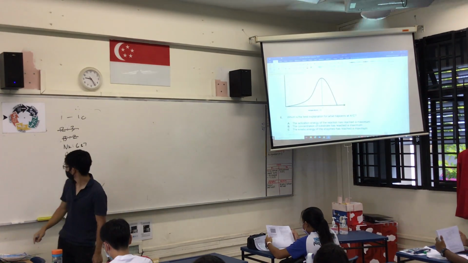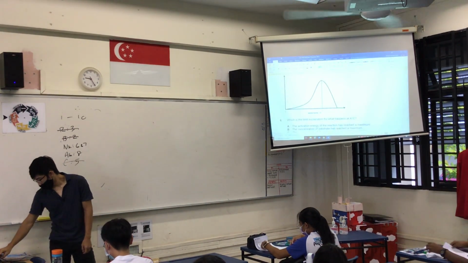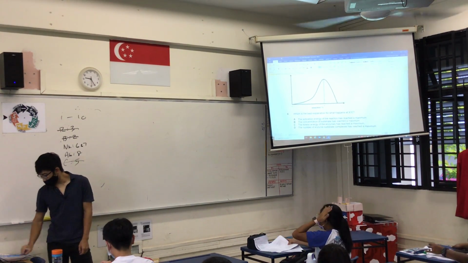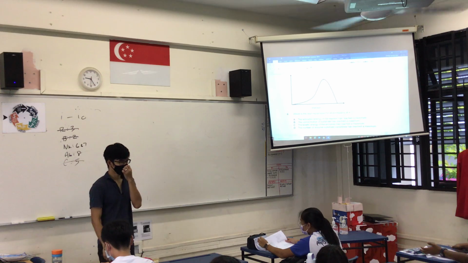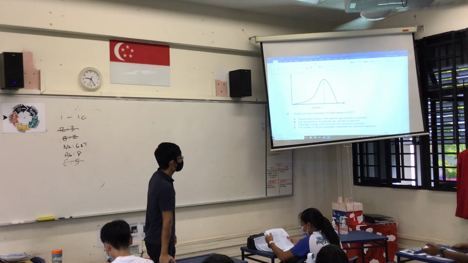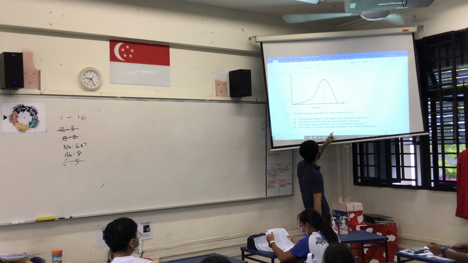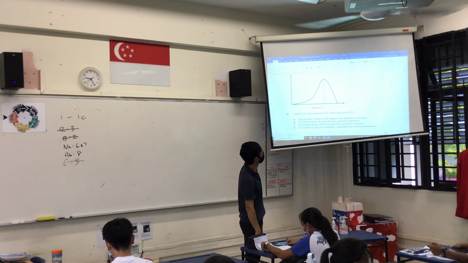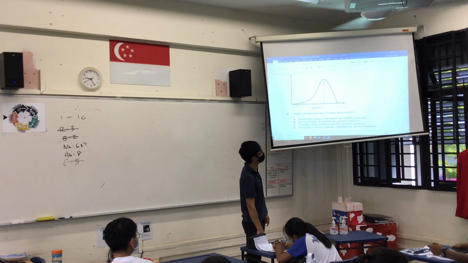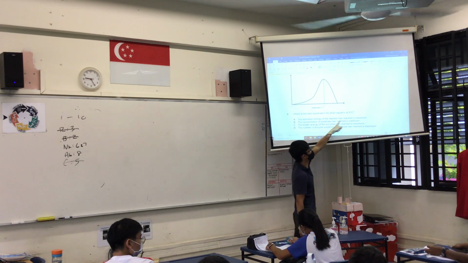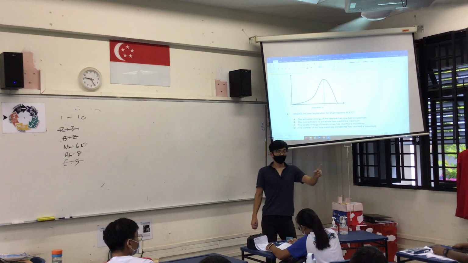Question 6 and 7. Which is the best explanation for what happens at X? Nikita, what do you choose? D, is it? The number of enzyme substrate complexes has reached a maximum. Okay, the activation energy of the reaction has reached a maximum.